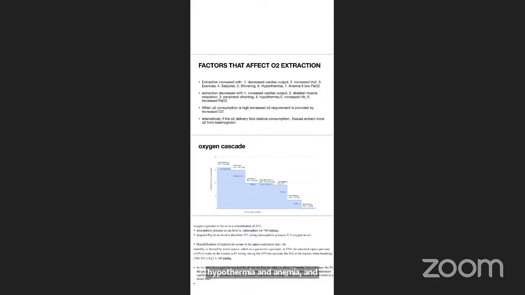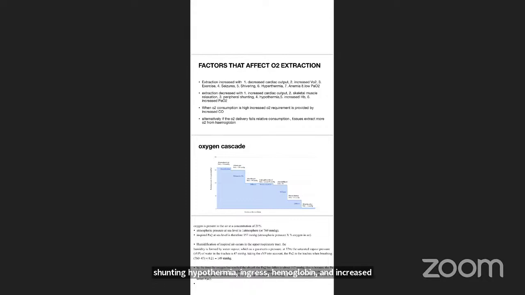So these are very important aspects, especially for the anesthetist, because these are the things we are supposed to avoid to avoid hypoxia. And then extraction is decreased with increased cardiac output, skeletal muscle relaxation, peripheral shunting, hypothermia, increased hemoglobin, and increased partial pressure of oxygen.